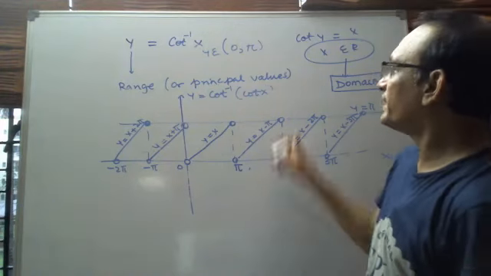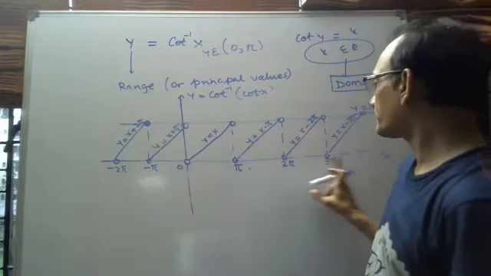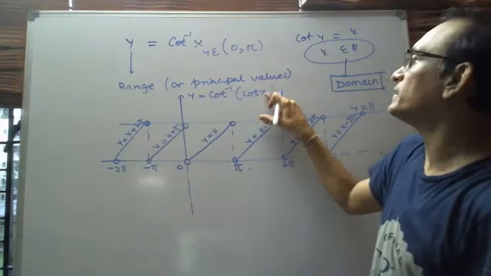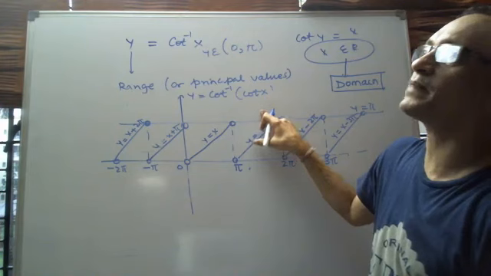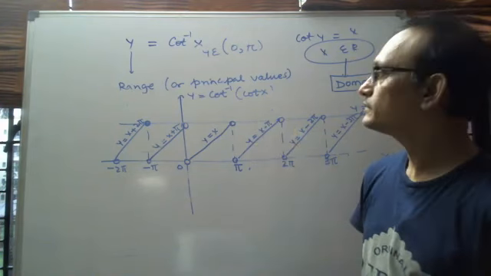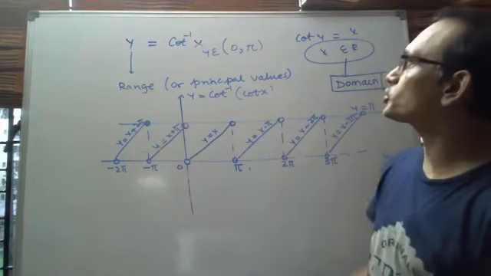Whenever x is n pi, it is undefined, because cos n pi by sin n pi has 0 in the denominator. Right? The graph of cot inverse cot x.